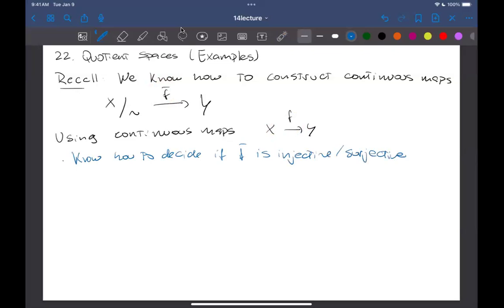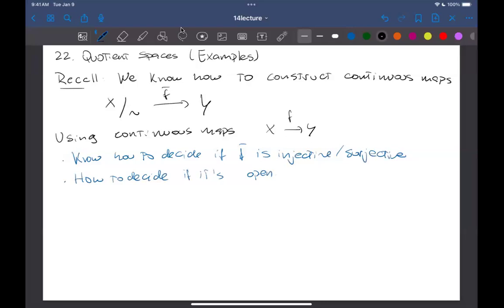And we know it's continuous if and only if f is continuous, and also how to decide if it's open. At least when f is open, f bar is going to be open. So these are things I want to use today.